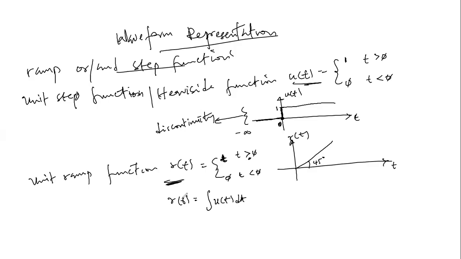So how is that? Let us prove this. If that's what it is, we have u of t taking on values from negative infinity to some value t, such that between negative infinity and 0, u of t is 0, so 0 dt, plus from 0 to t, u of t is 1, dt.